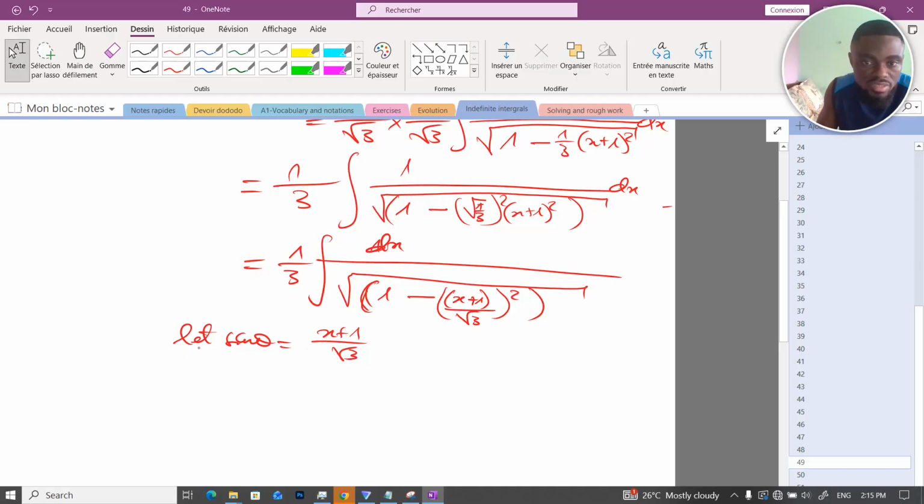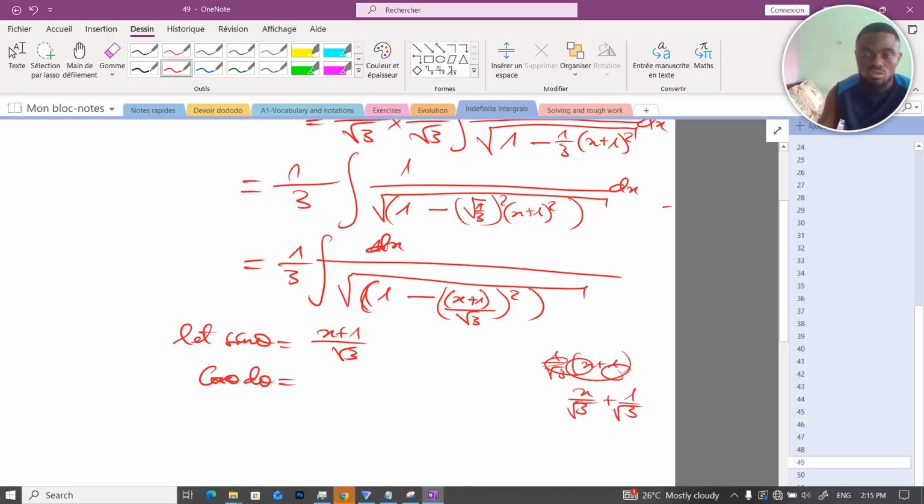What will be dx then? We have to find it by differentiating this implicitly. When I differentiate this, I have cos theta. Since I was differentiating with respect to theta, I write d theta. This will be equals to, don't be afraid of this, simply differentiating 1 on root 3 into (x plus 1). Or you simply write it as x on root 3 plus 1 on root 3.